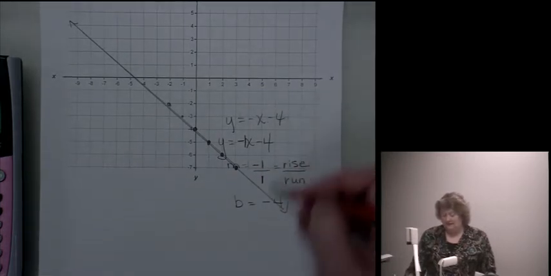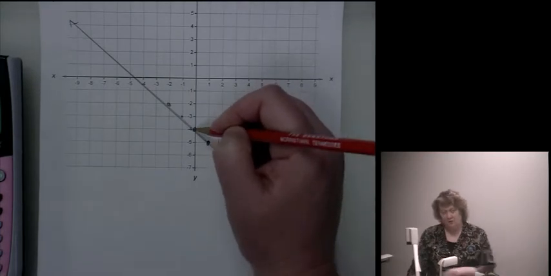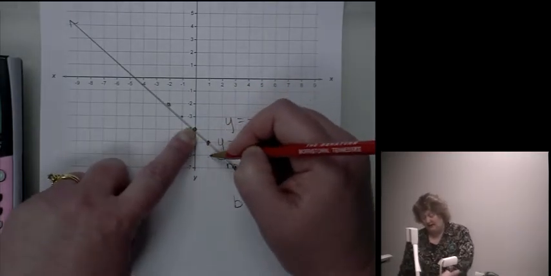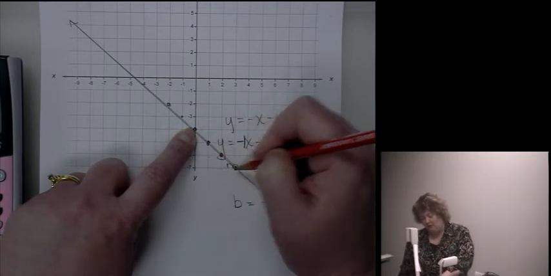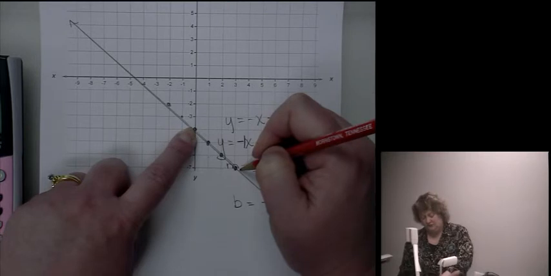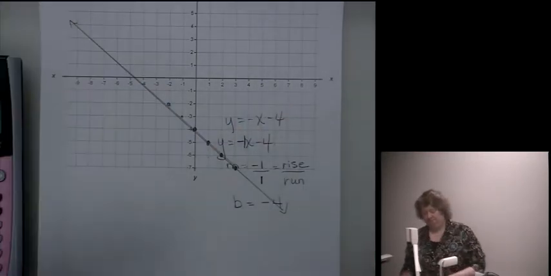Our y-intercept's negative 4, so we go down 4. This is where we'll start. Then we'll go down 1 over 1, down 1 over 1, down 1 over 1. We've gotten 4 points, and that's more than enough to put your straight edge and draw your line.